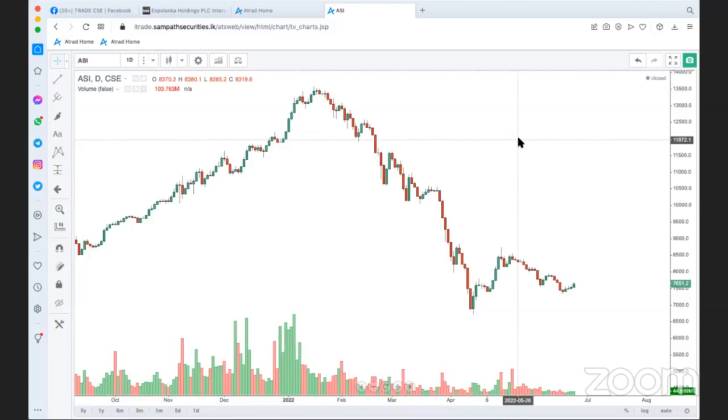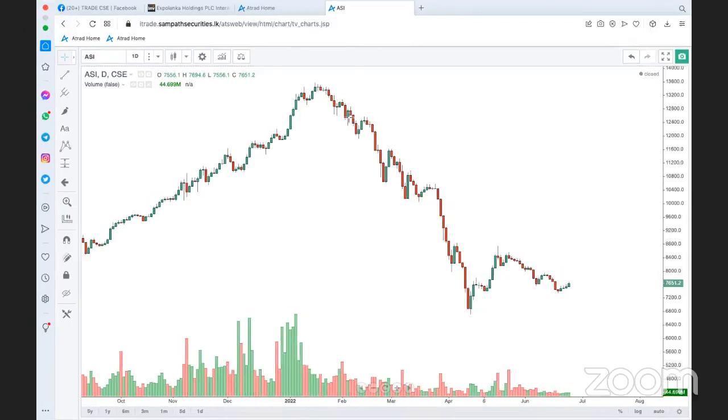Now that we are in the session, I'm using the ATRAD chart purely because on investing.com, sometimes the candle data is not loaded properly, so you get some disturbances as a result. Here it's a clear chart, and it's very easy for us to make use of it.